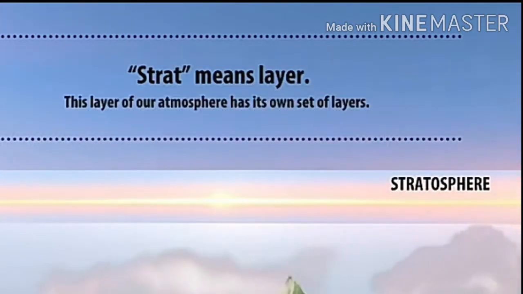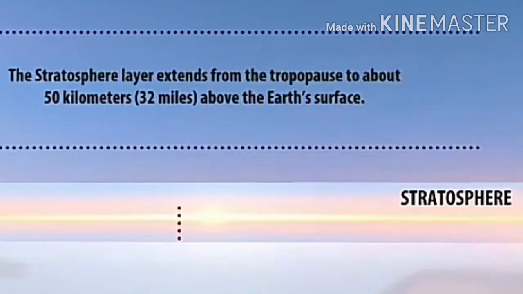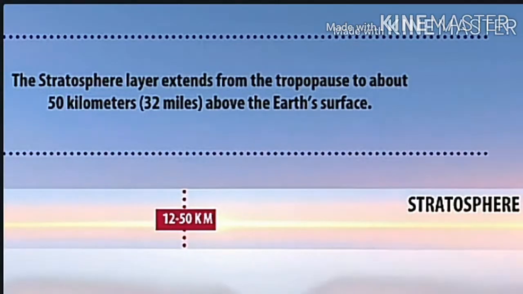Next one, Stratosphere. Strat means layer. This layer of our atmosphere has its own set of layers. The stratosphere extends from the tropopause to about 50 kilometers, that means 32 miles above the Earth's surface.